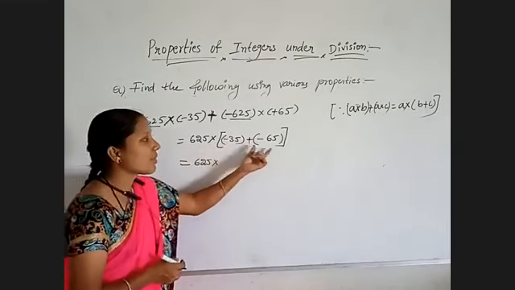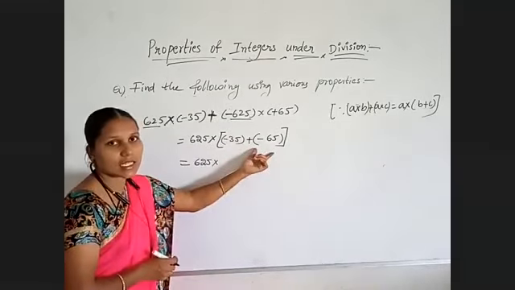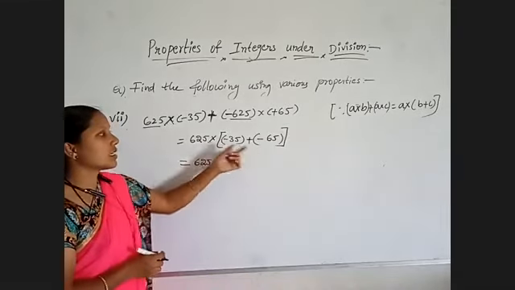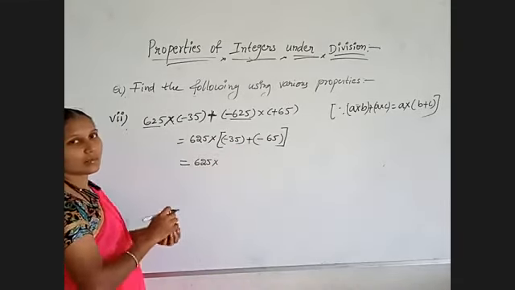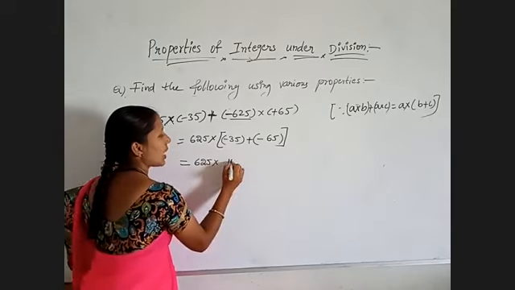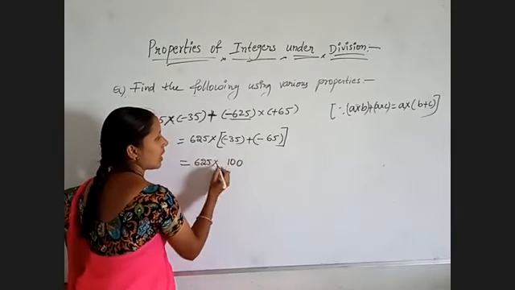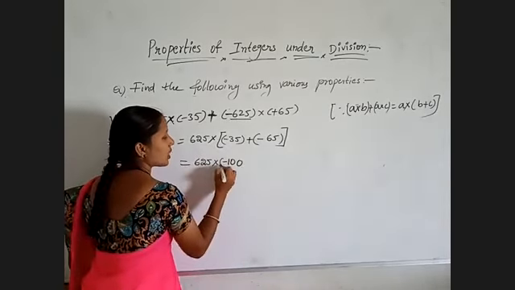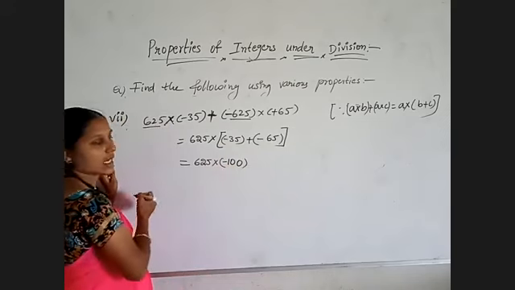Minus 35 minus 65. Both are like integers, so add those two integers. 35 plus 65 is 100, and both are minus values, so minus 100.